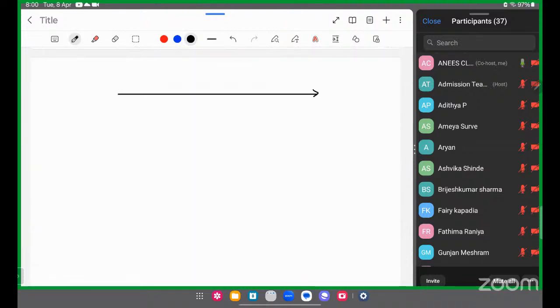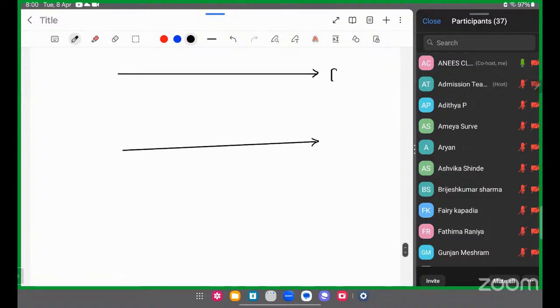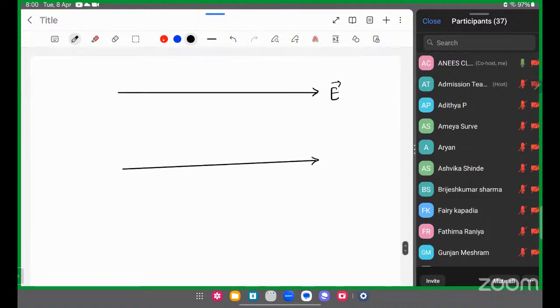Let's say this is the uniform electric field E, and the dipole is placed like this. And let's say the angle between the dipole axis, this is the dipole axis or dipole P, and this is electric field E, let's say this angle is theta.